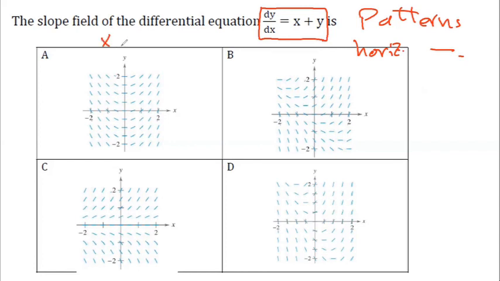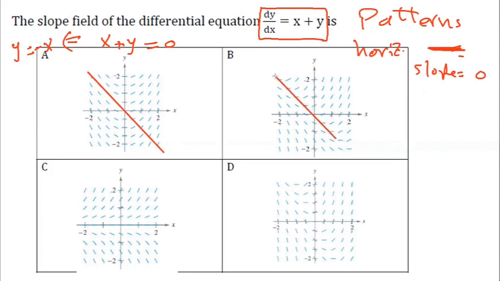When you look at x plus y, I'm looking where x plus y equals 0, because I'm looking for horizontal segments. Horizontal segments mean that the slope or dy dx is 0. So this will mean that y equals negative x. So we draw the line y equals negative x. Try to draw that on all the graphs that you have and see which one has horizontal lines.